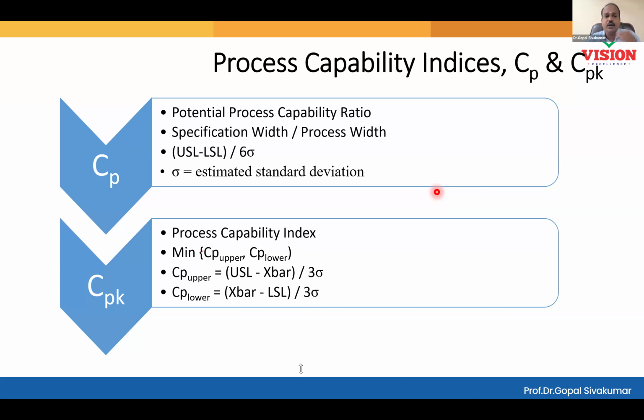Now I tell you, in order to calculate the Cpk, you must use within standard deviation. You must use within standard deviation. There are 4 standard deviation I told you. One type of standard deviation is within standard deviation. And another type of standard deviation is overall standard deviation. So we will spend some time to understand the exact difference between within and overall.